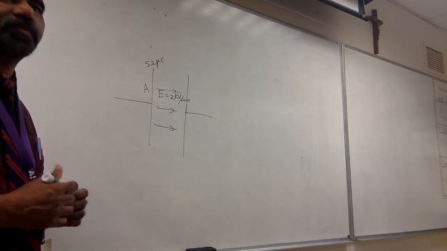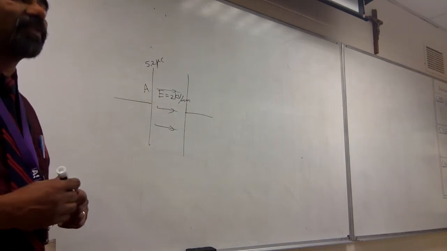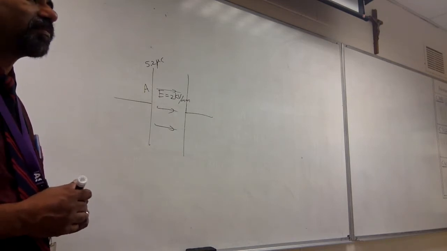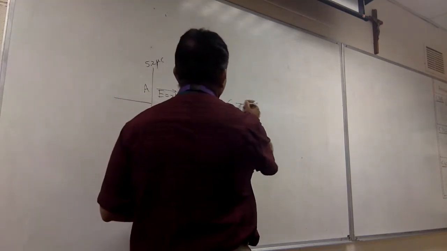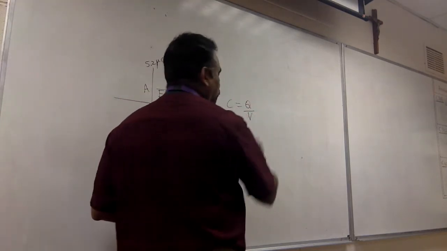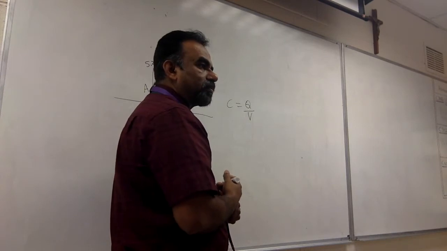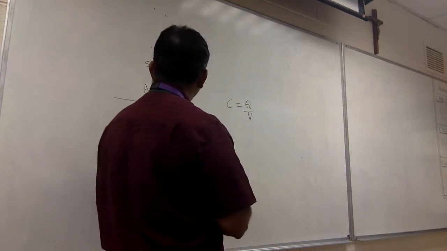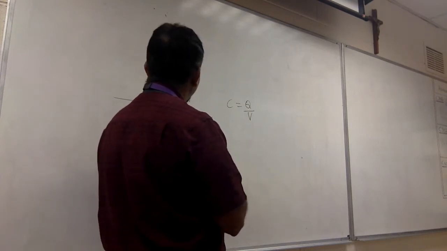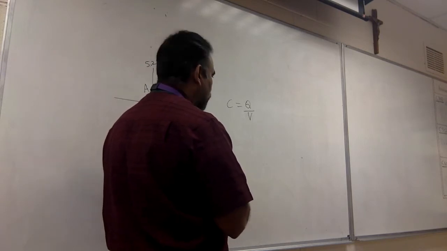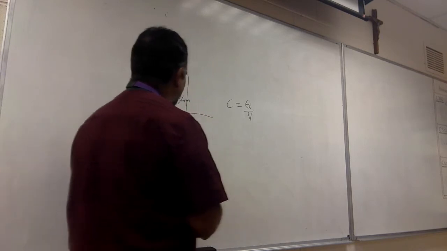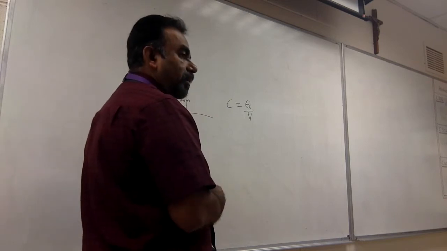What formula are you thinking of? Is it C equals Q divided by V? Okay. Then you can convert that: Q divided by C equals V. But where's the area coming in?